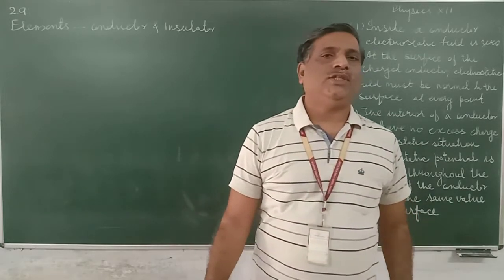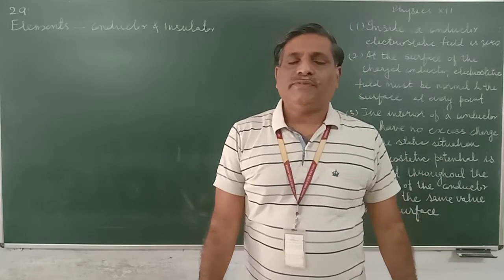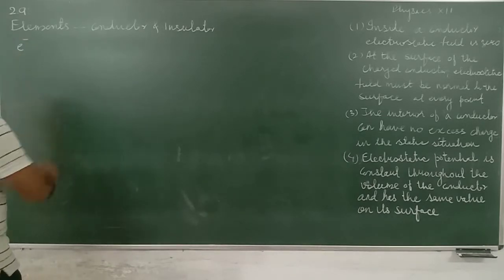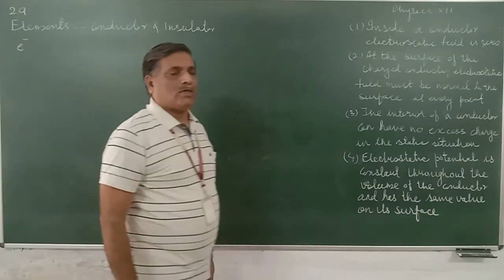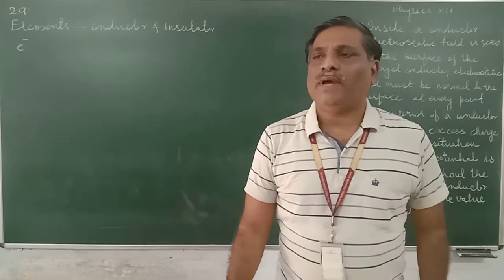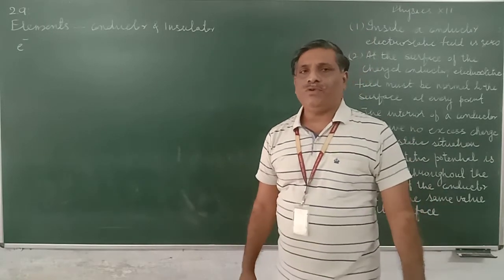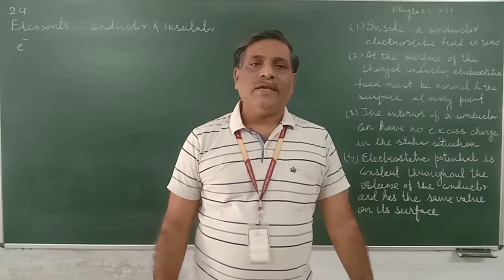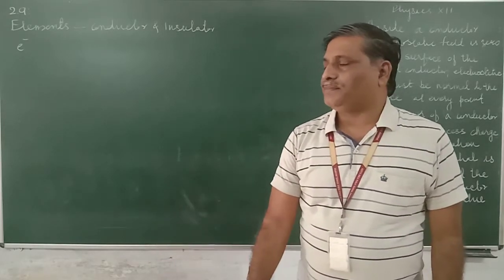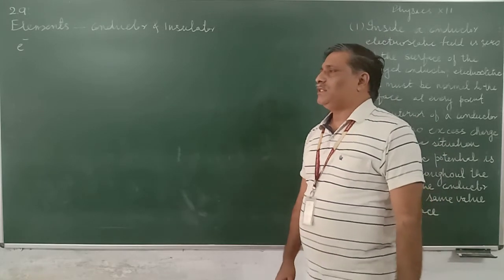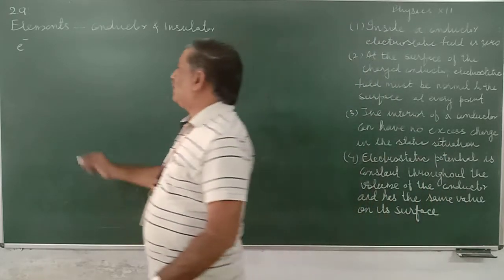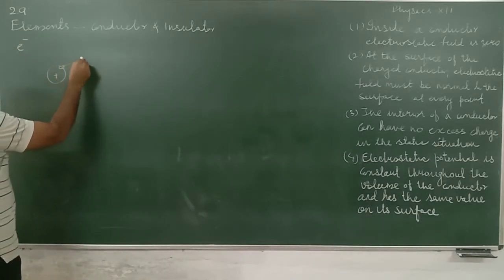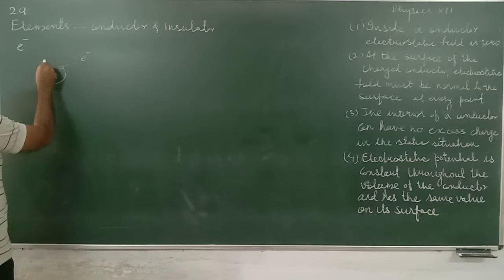Conductors have free charge carriers, and these free charge carriers are nothing but electrons, negatively charged electrons. The outermost or valence electrons are free to move inside the conductor, but they are not allowed to leave the surface of the conductor. Suppose inside the conductor this is the atom, the nucleus is there, one electron is removed, this becomes positively charged.